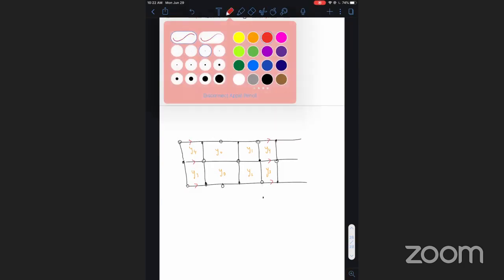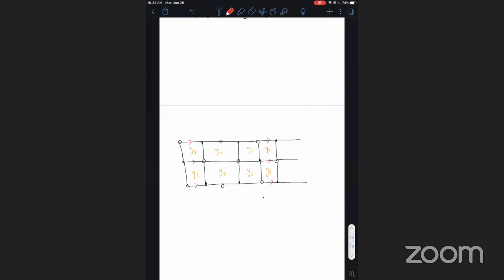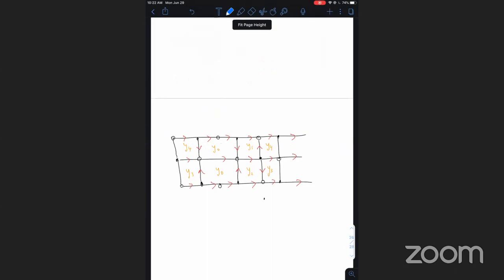Now let's go through and orient everything to see what these matrices ought to be. So remember, the white vertices are supposed to have exactly one outgoing, the black exactly one incoming. So we get something that looks the following way. And now we can just scan our picture and read off what we have.